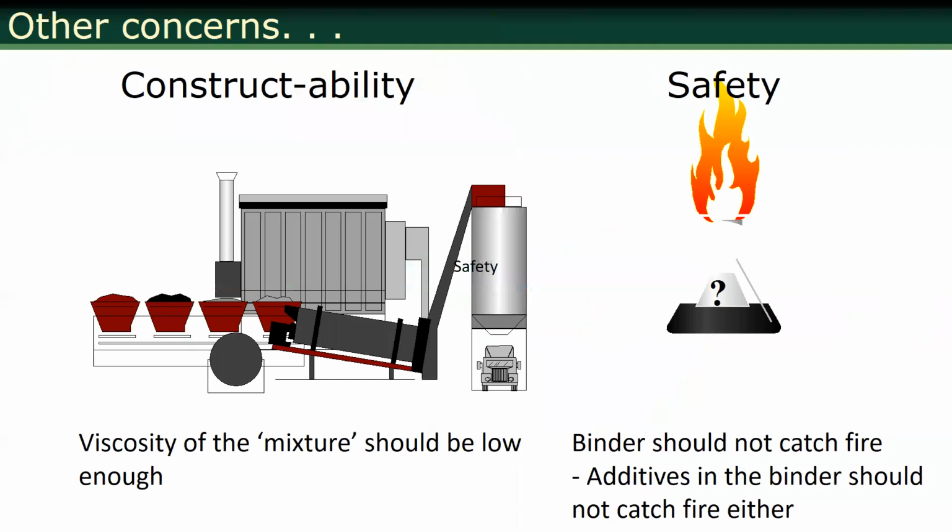Now I'm going to ask one question to you. Somebody comes up with a new asphalt binder made of swine manure, which, by the way, North Carolina A&T University has been working on for quite a while. And they presented this work in one of the Transportation Research Board conferences.